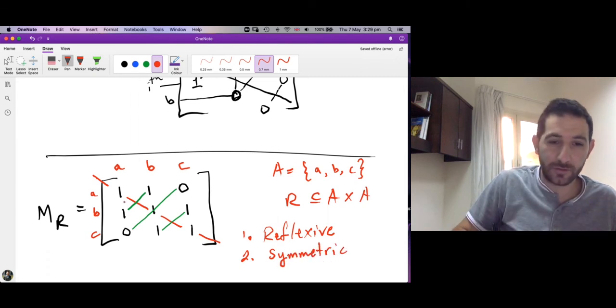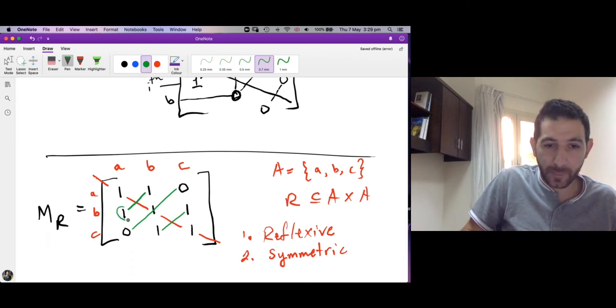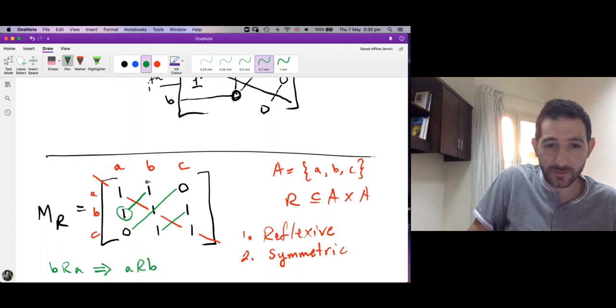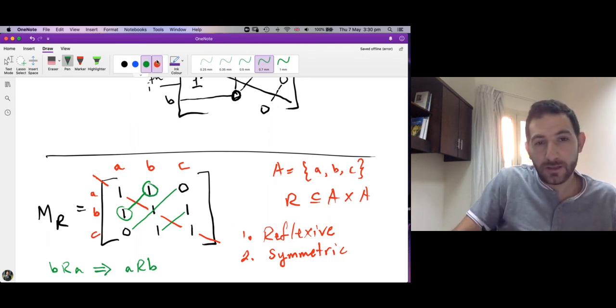Look at this 1 and 1. This one means that B is related to A. So since it's symmetric, we should expect that A is related to B, and here A is related to B. See, A is related to B, and so on.